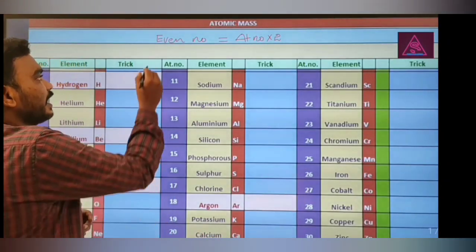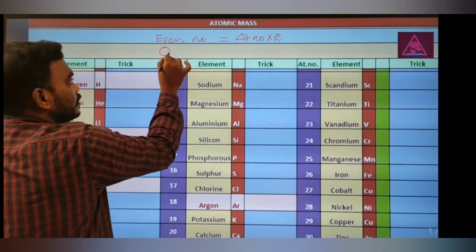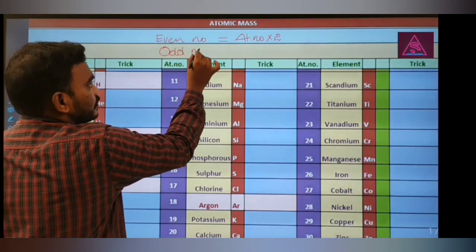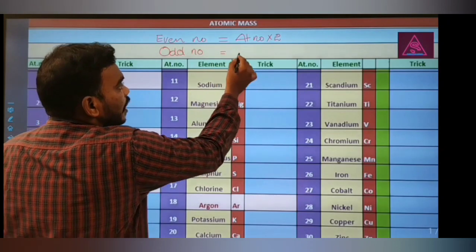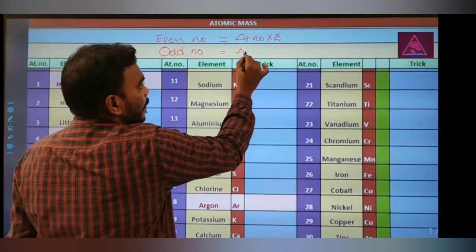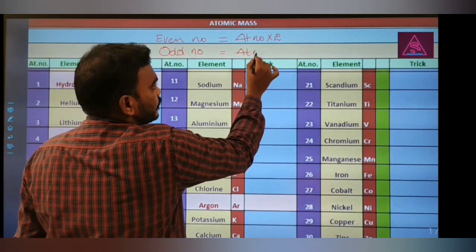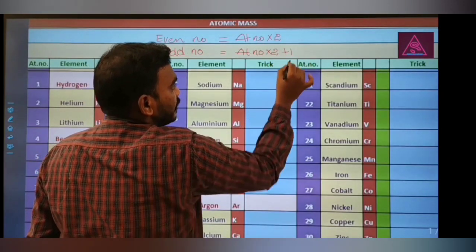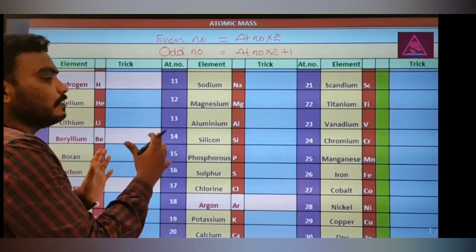If you are taking an odd number, it is atomic number into 2 plus 1. This is for the first and second groups.